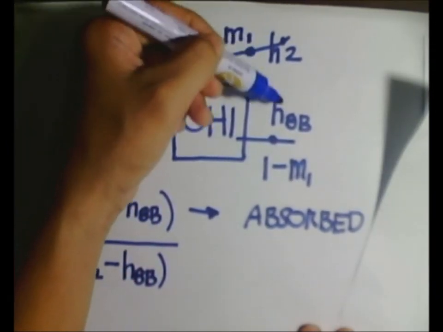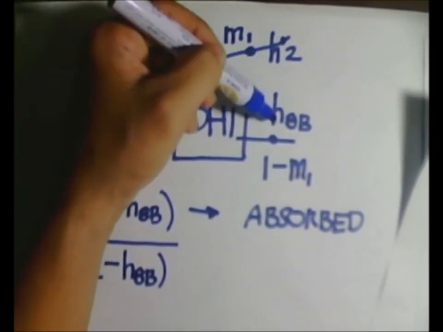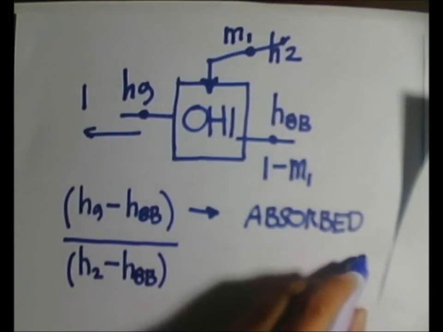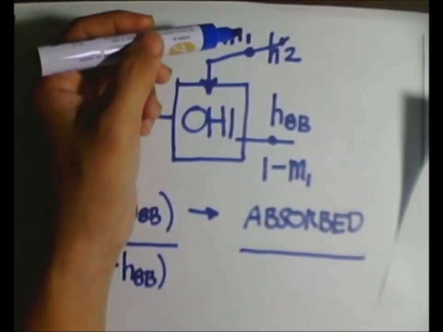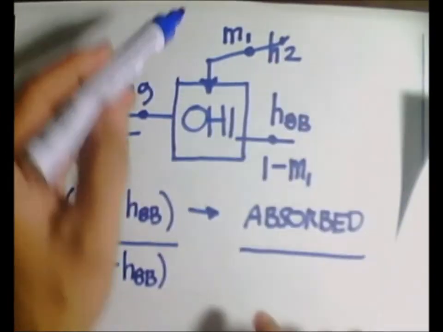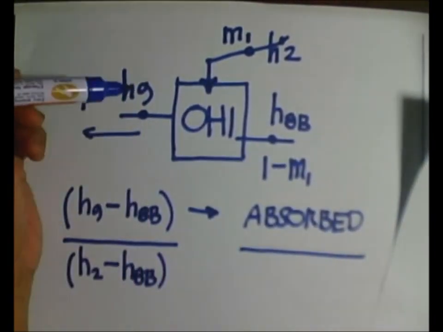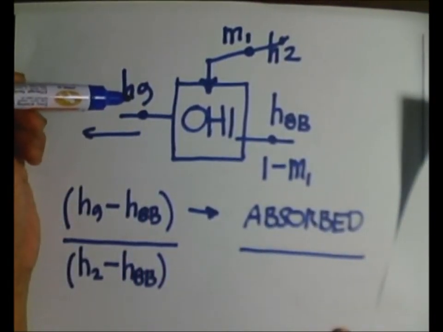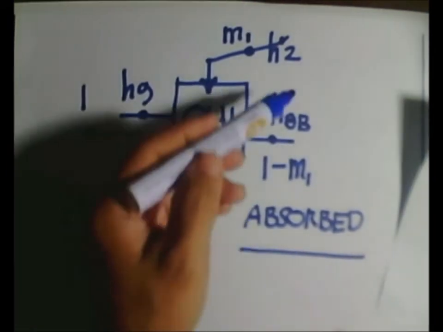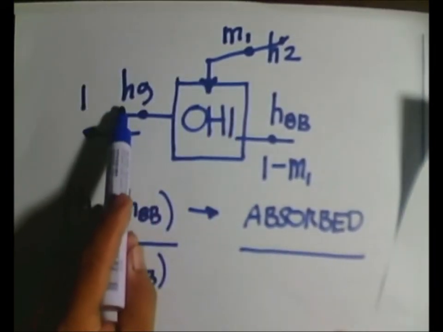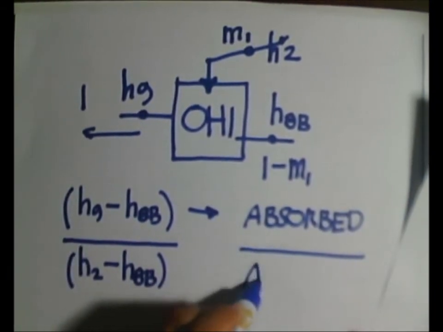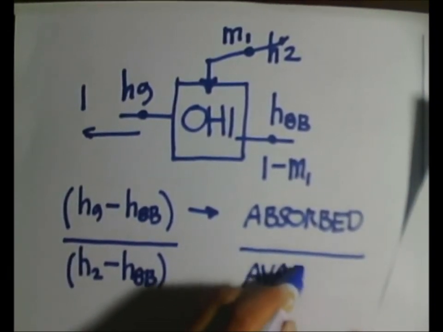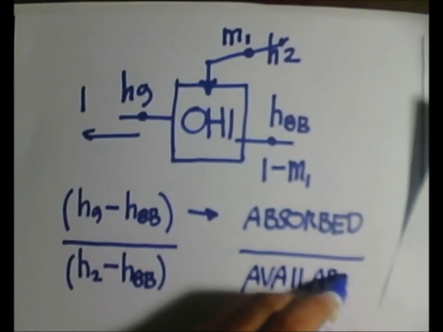This difference here actually can be thought of as the available energy that can be transferred to your saturated liquid. But in this case here, it's just H9. It's not really the H2. H9 is very less compared to H2. So this one is available.